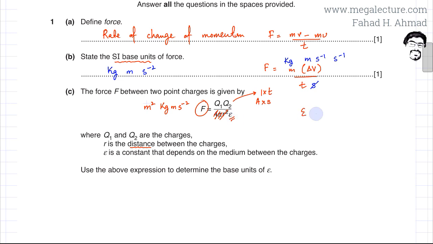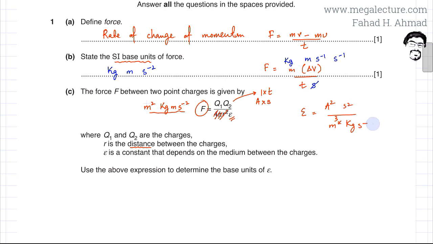Epsilon is going to come upwards, and this entire thing is going to go in the denominator. It's going to be meter squared, kg, then there's another meter, so I'm going to make this meter cubed, s minus 2, and it's charge multiplied by charge. The base unit for charge is ampere second, so it's going to be ampere squared, second squared.